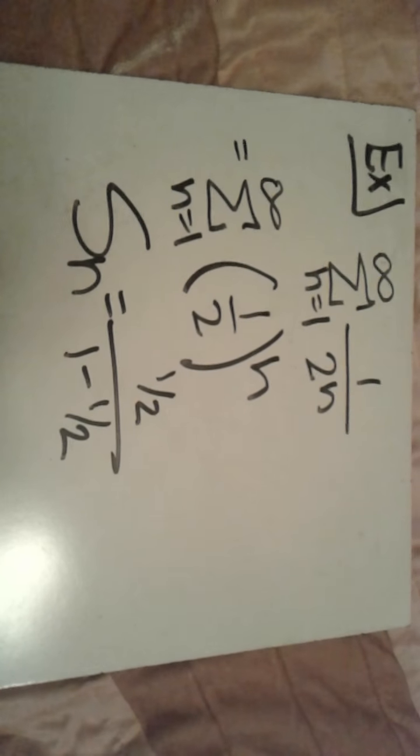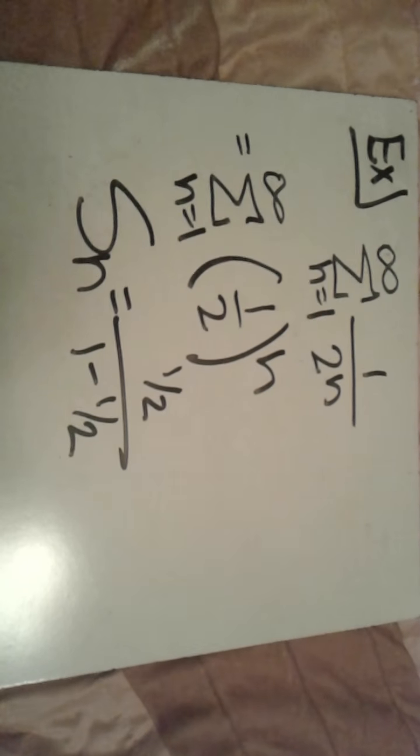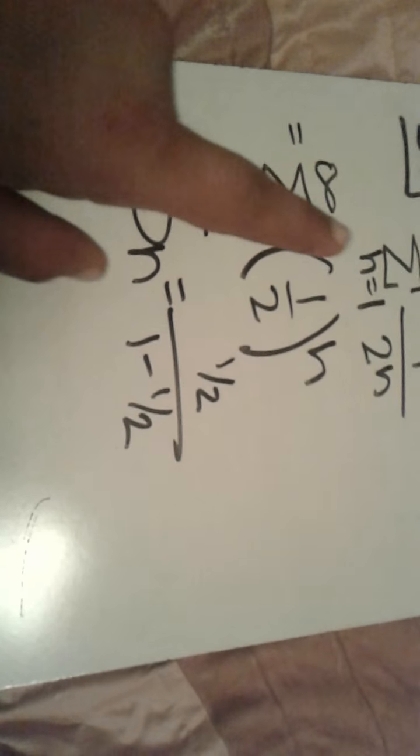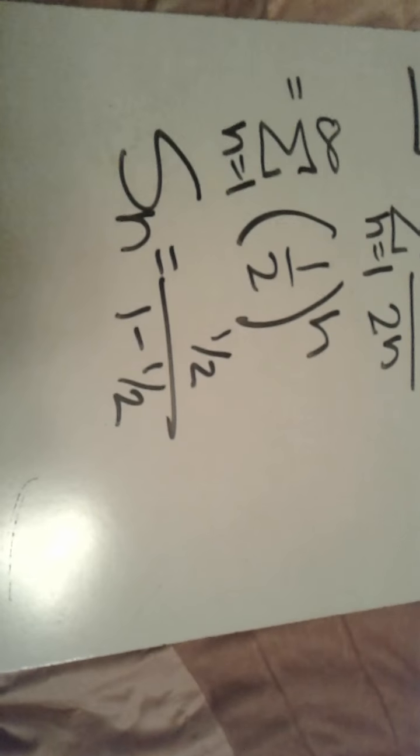Since 1/2 is less than 1, this would mean that the series is geometric and it converges. So to figure out the sum as it converges, you would plug in 1/2 over 1 minus 1/2, which is a over 1 minus r, and that's given to you from this equation. So figuring out the sum, you would have to calculate 1/2 over 1 minus 1/2. So it's 1/2 over 1/2.